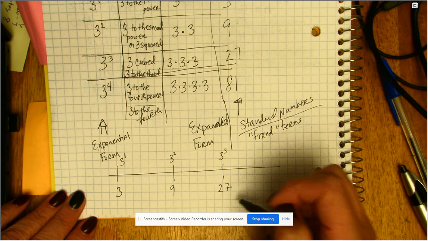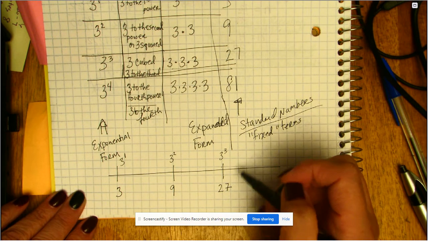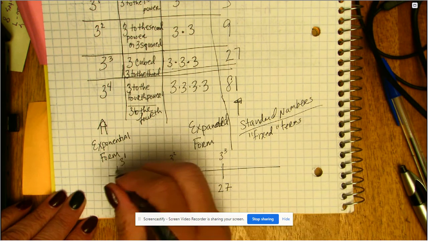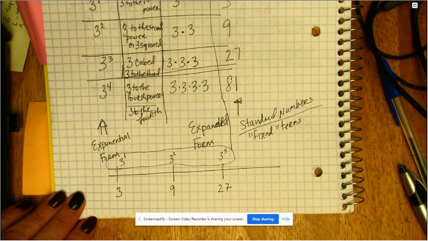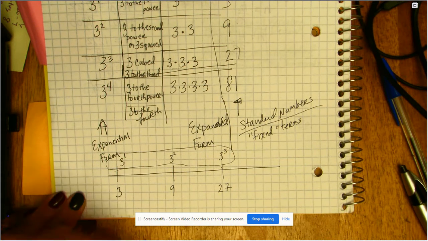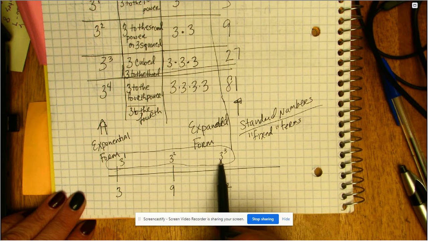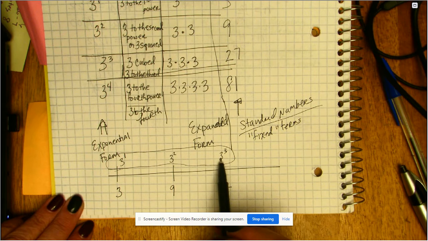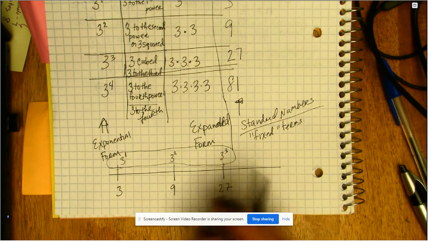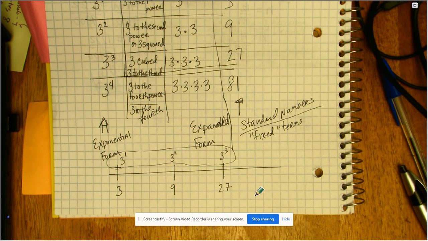Okay, so different ways to represent the same value, while in this case it's also representing computation, and that computation is repeated multiplication of the base. One way to look at that is the base is the big number, and the exponent is a small number. The exponent tells the base what to do. And that is our notes for today about what are exponents.